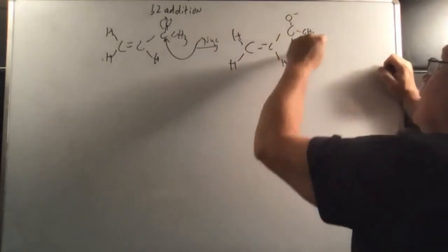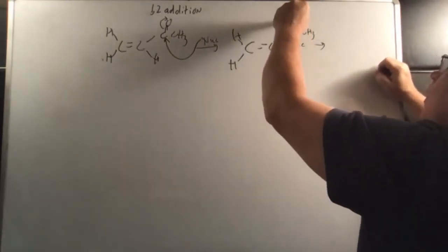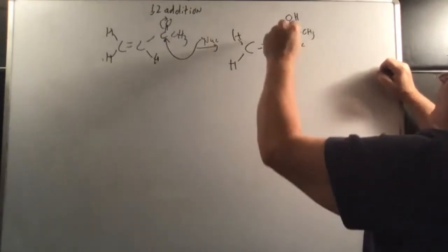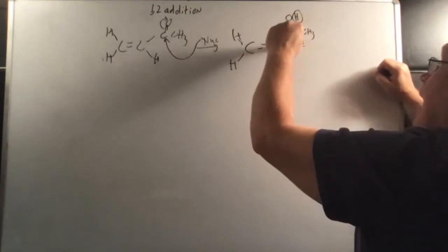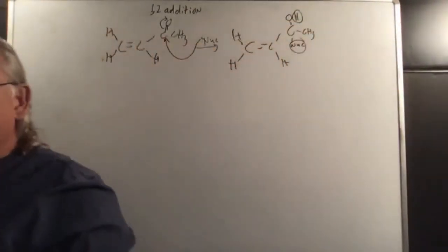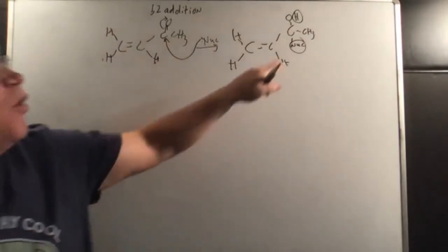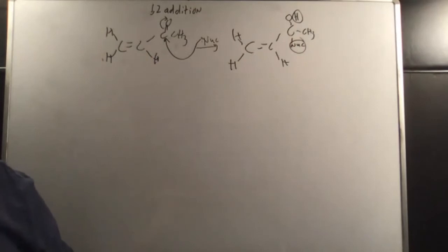Then when we protonate this, notice what happens. We put an OH there. Notice the nucleophile and the hydrogen attached in a 1,2 location. 1, 2. That makes perfect sense.